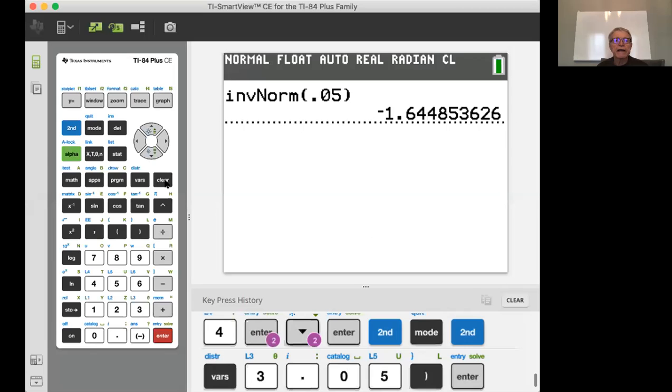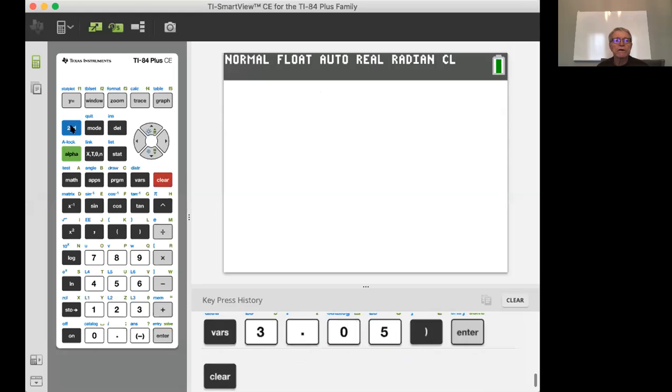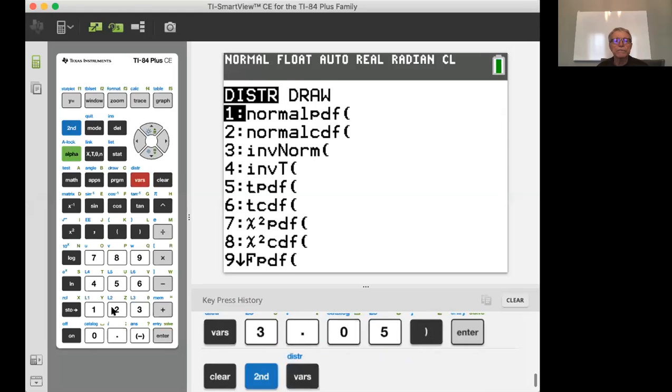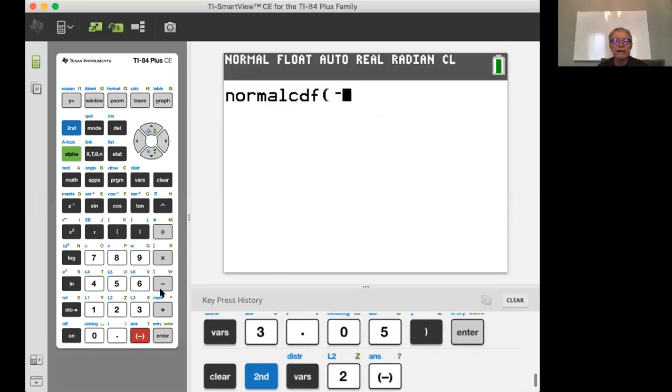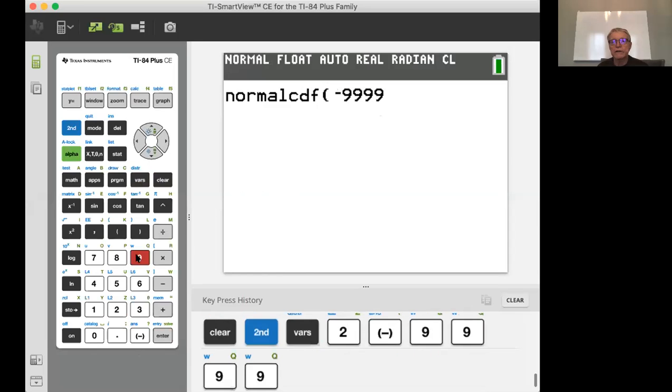And let's clear that. Normal CDF is second vars, number 2. Now we need to put in the lower bound, which is way off to negative infinity, so negative 9999 is what I typically use, comma, and then the upper bound.